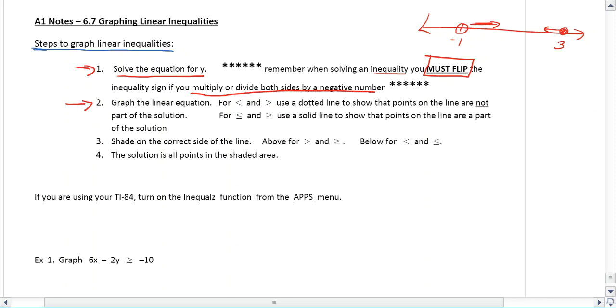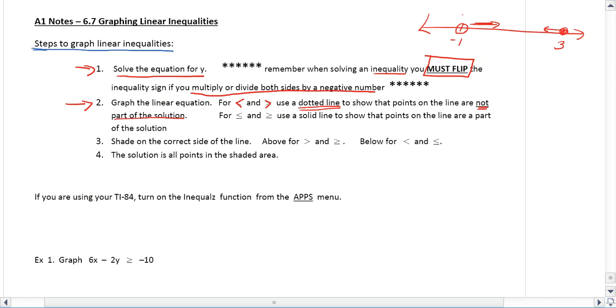So in the way that we had open and closed circles on a number line, when we're graphing on the two-dimensional plane, we have a dotted line. I think your book might call it a dashed line. That is used for when you have less than and greater than. And this dotted line is indicating that the points on the line are not included. They are not part of the solution.